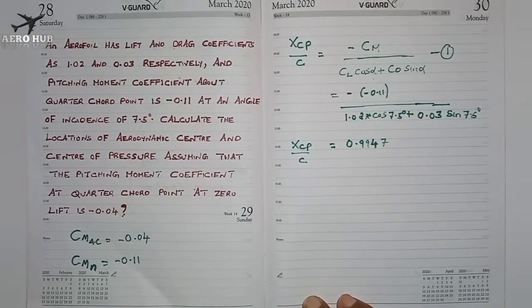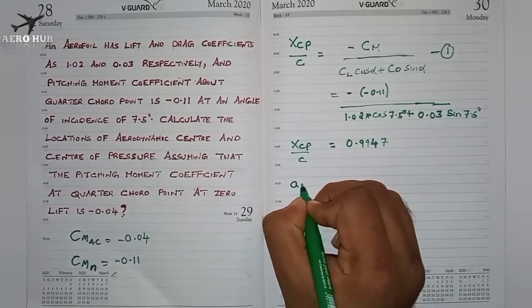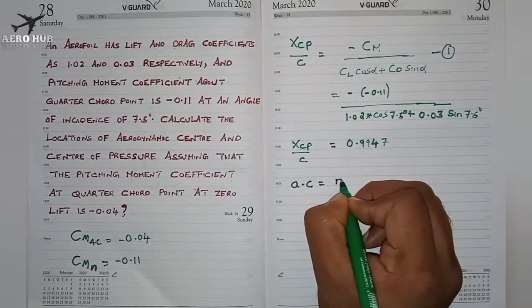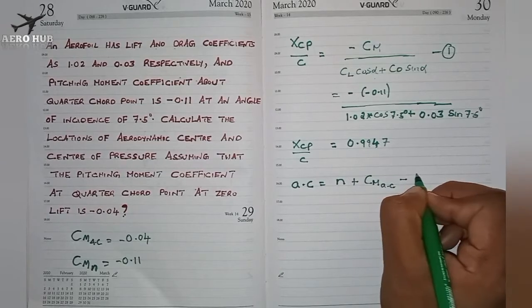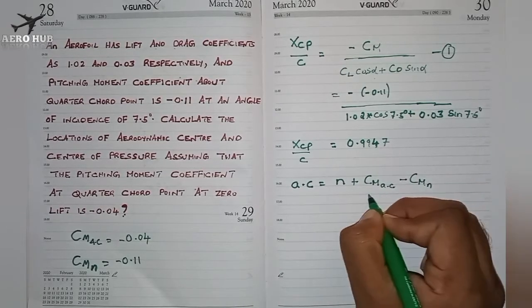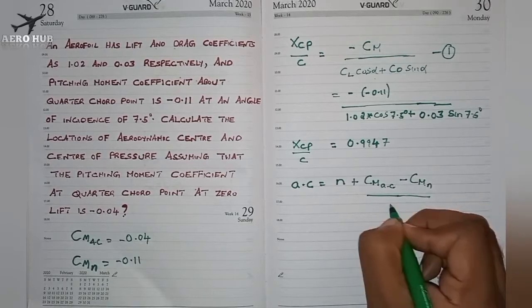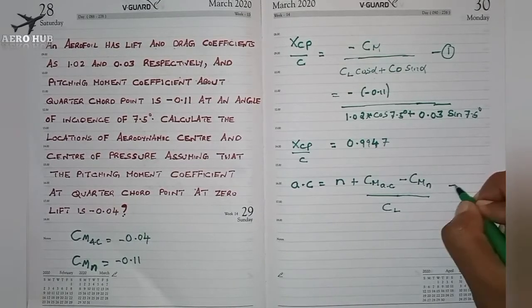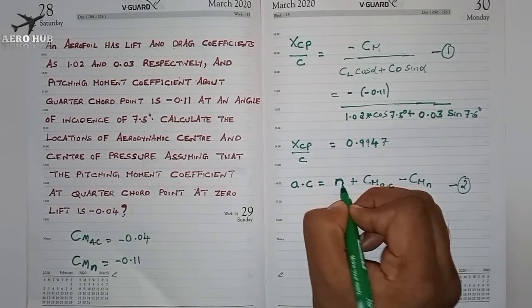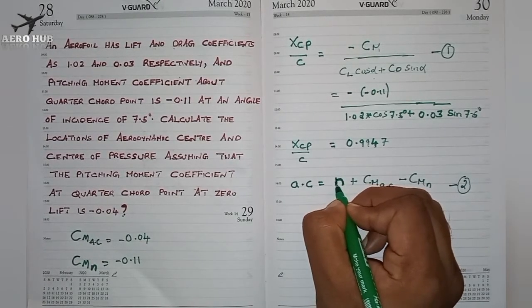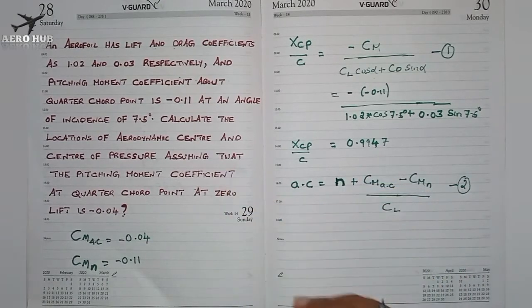Okay, now we have to find out the location of aerodynamic center. Okay, so I am introducing a new formula here. So aerodynamic center is equal to N plus CMAC minus CMN divided by CL. Equation number 2. This is the formula. It's a really easy formula. Here N is nothing but the position at which we are calculating the value of CL and CD.